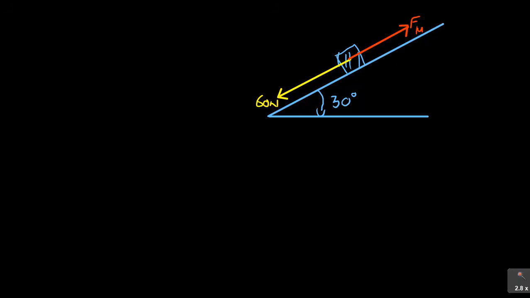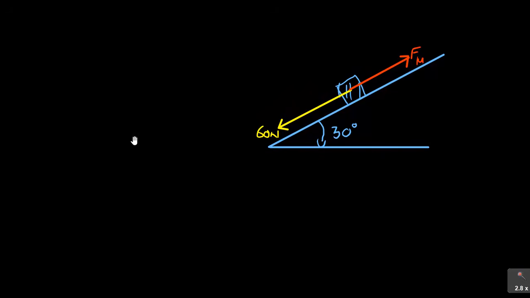And then there are always forces acting perpendicular and parallel to the plane. So there is always the normal force that is acting perpendicular to the plane, like that. It's always the normal reaction force. And then we have the weight, which is always acting vertically downwards, like that.